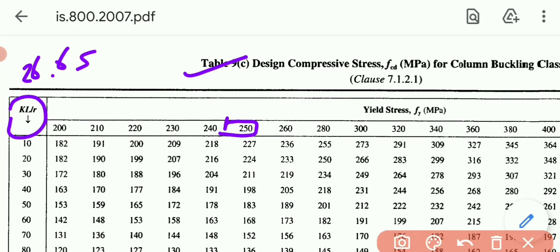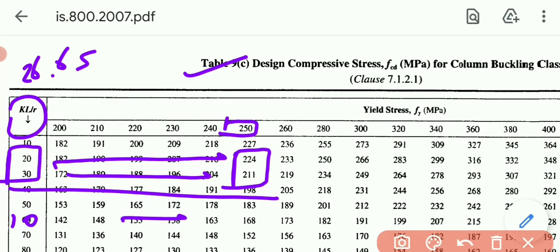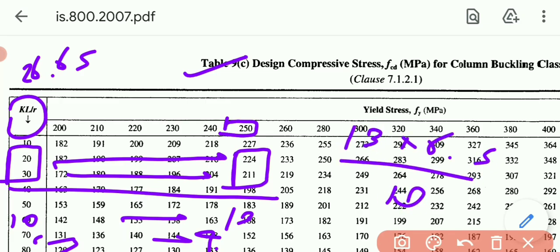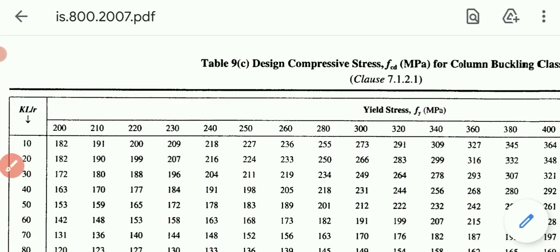It is between 20 to 30. Our values are 224 and 211. So on the difference of 10, the value changes by 13. So for 6.5, it is 13 into 6.5 by 10. Whatever answer we get, deduct it from 224, as the value decreases as KL by Ry increases. So by interpolation we will get the answer.